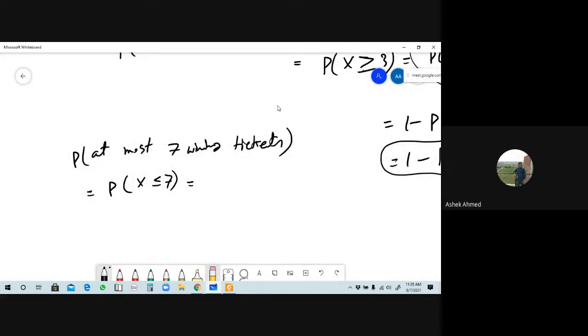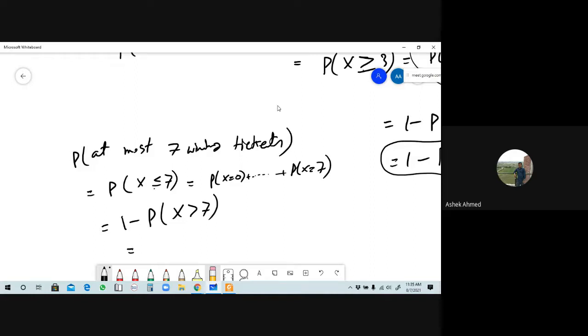So this is the probability of x equals 0 up to, plus probability of x equals 7 here. Okay, but you can write this in another way, that is 1 minus the probability of x greater than 7 also. This is equal, this is not equal.